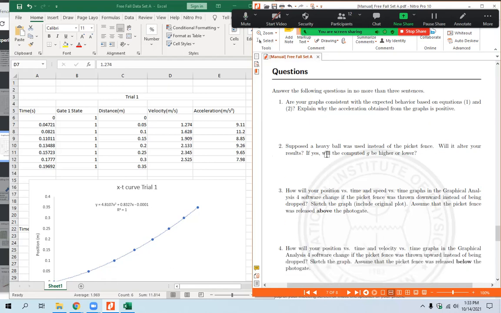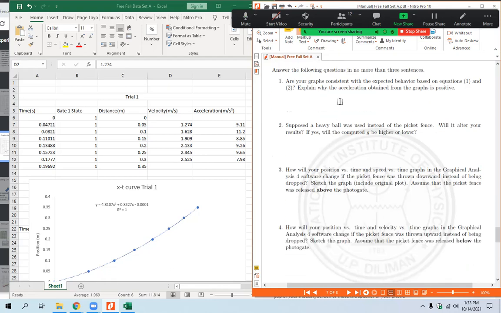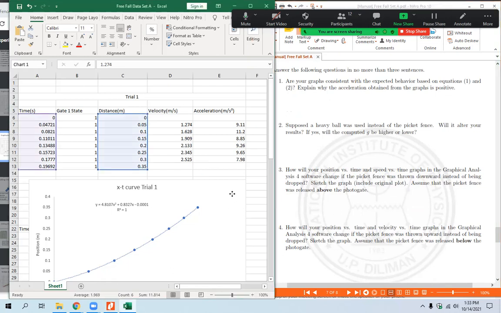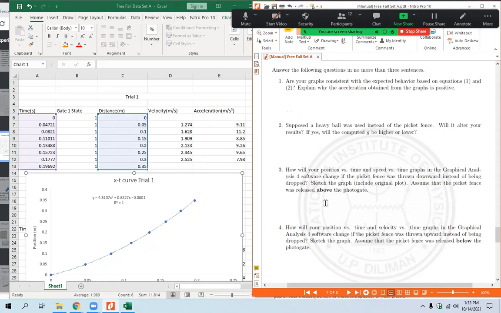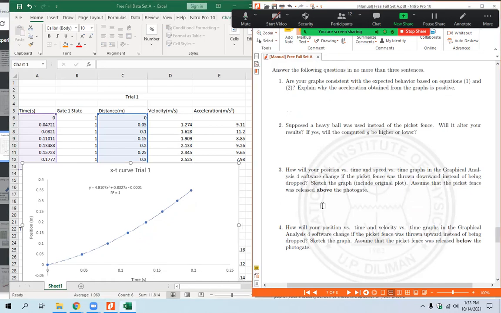I think you should be able to answer questions 1 to 4 just using your theoretical knowledge on free fall. If I remember correctly, sa FQ1 ninyo, dapat na-cover nyo na ito. So, meron kayong reasonable basis. For example, sa question 2, suppose a heavy ball was used instead of the picket fence.